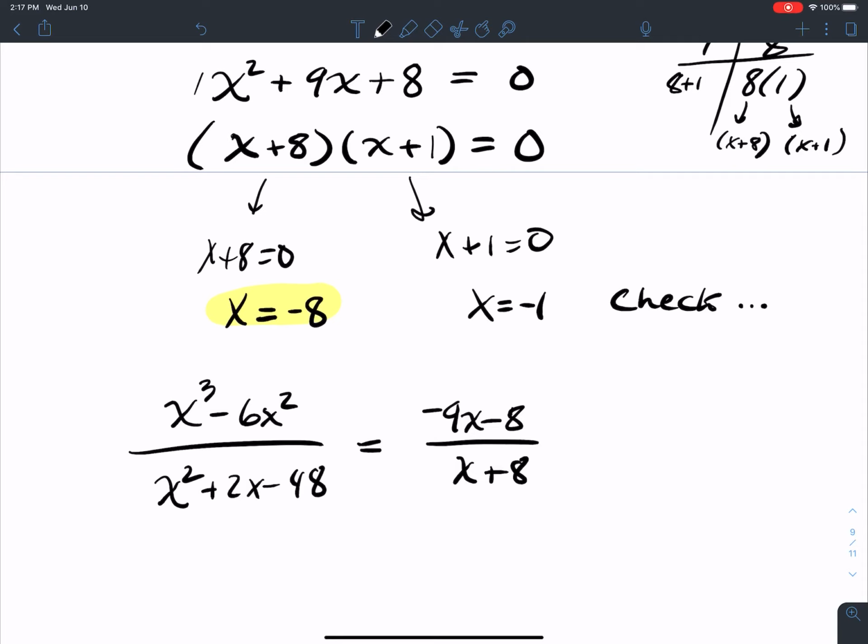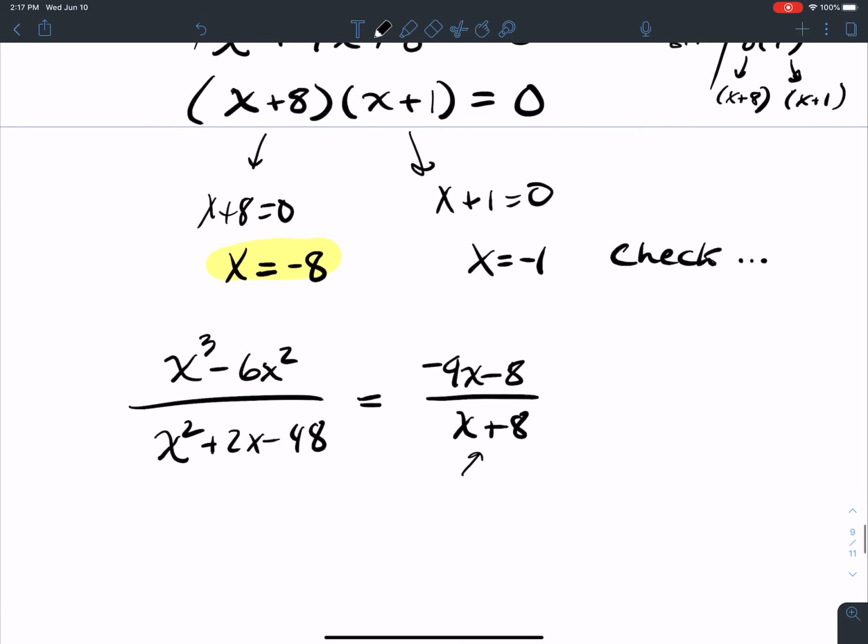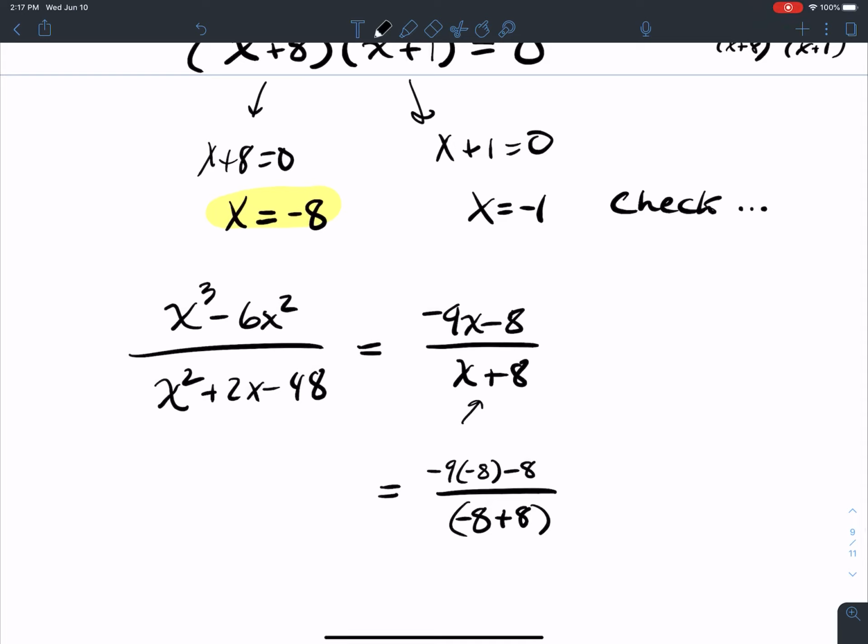This gets me negative 9 times negative 8 minus 8 divided by negative 8 plus 8. What do I know about this right here? This is 0, and I can't divide by 0. This is undefined. So this is not a solution.